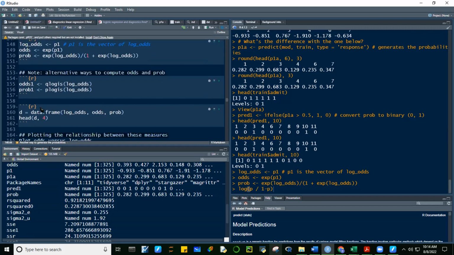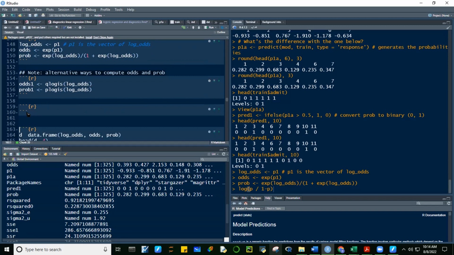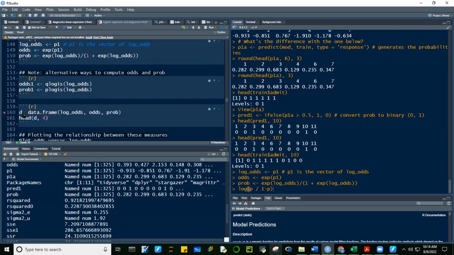Here, pagsama-sama natin, let's create this. Okay, I'm creating this object called D. It's a data frame and it puts together log odds at saka odds at saka probability.